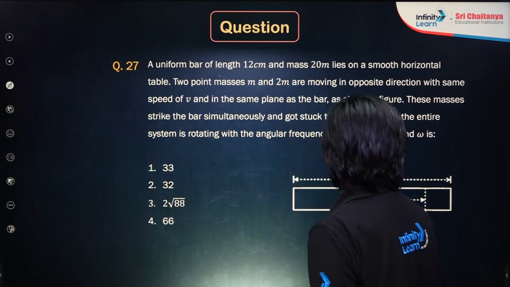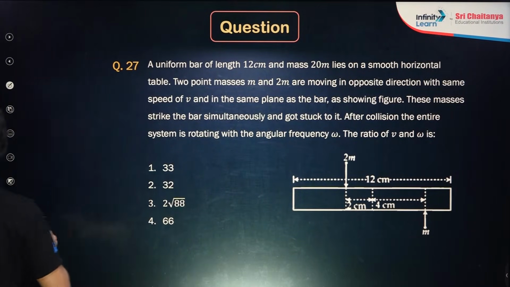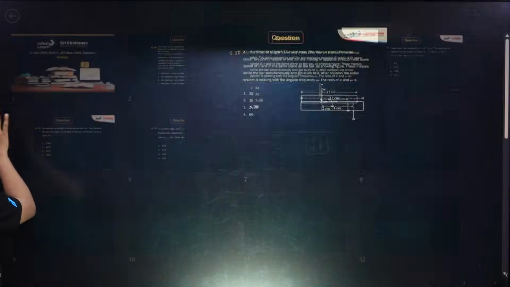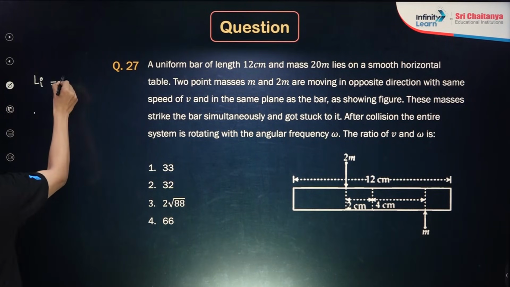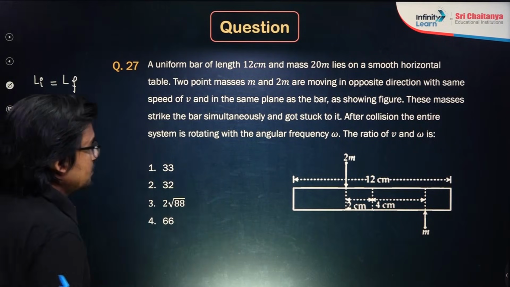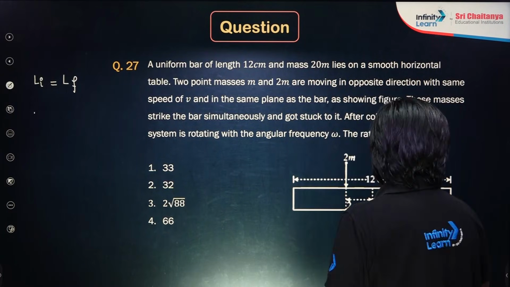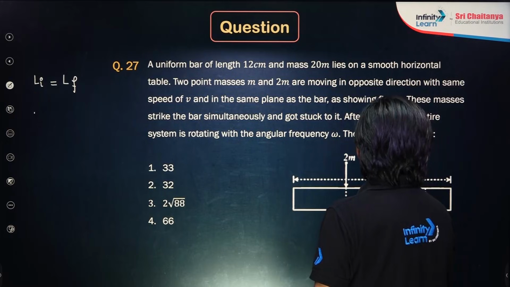Okay. So in this question, you just need to make the angular momentum conserved. So you can write just angular momentum Li, initial angular momentum, is equal to final angular momentum. So initial angular momentum, if you see here, velocity of this point mass m, it is in the upward direction. Okay, and here is the center of mass of this rod.